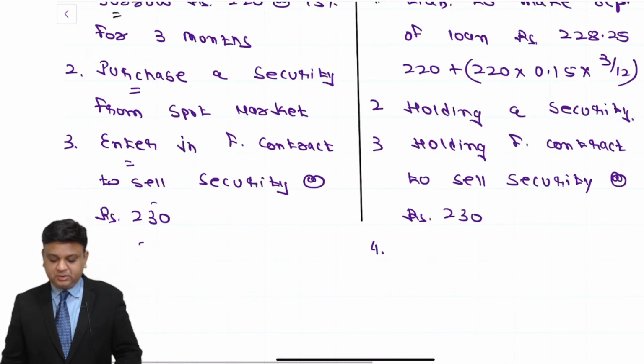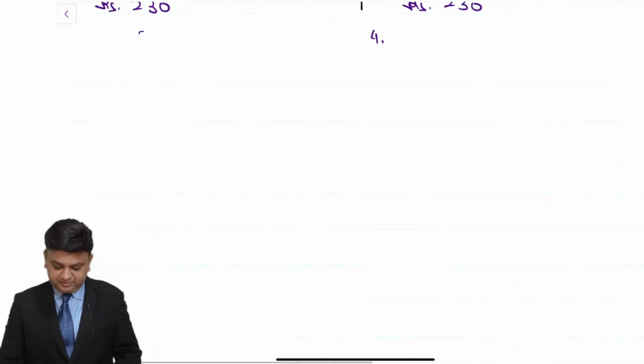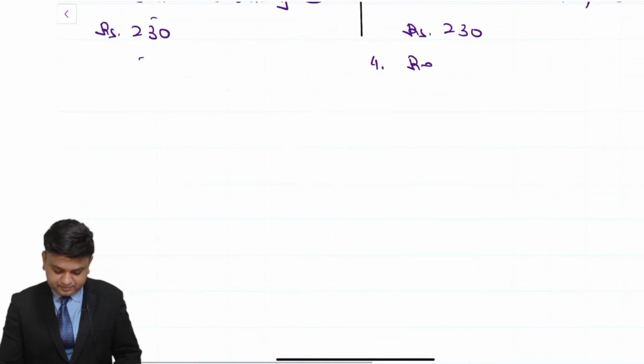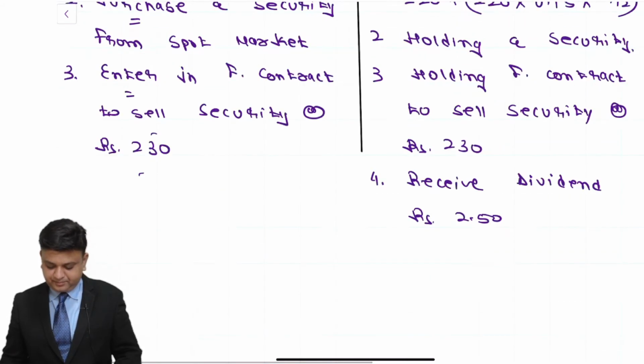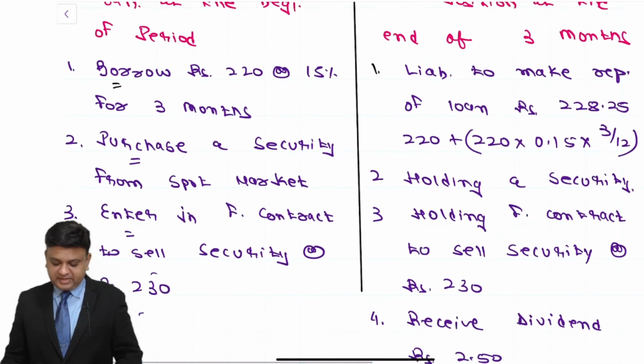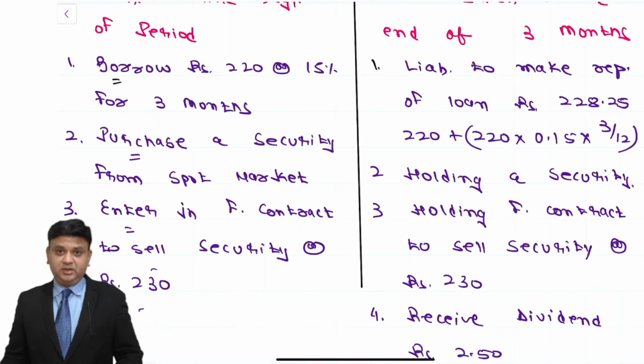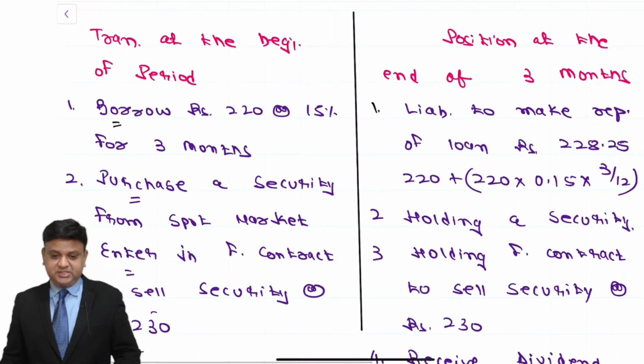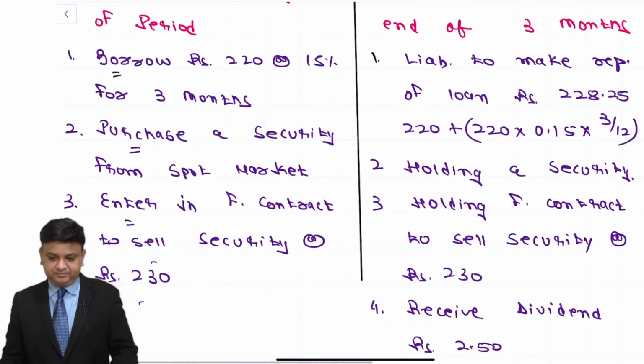And fourth, importantly, you will receive dividend income. Receive dividend rupees 2.5. So this is what we understand is the position at the end of the period based on the transactions entered upon at the beginning of the period.